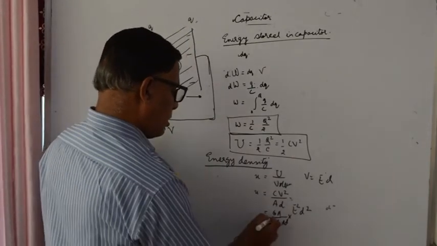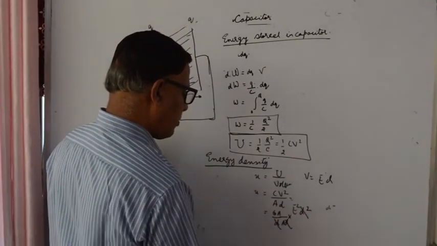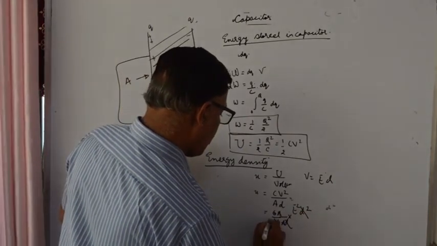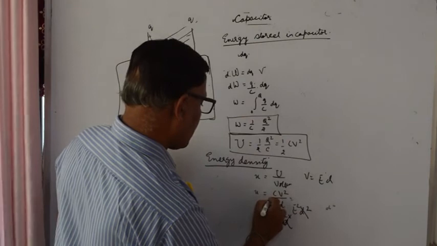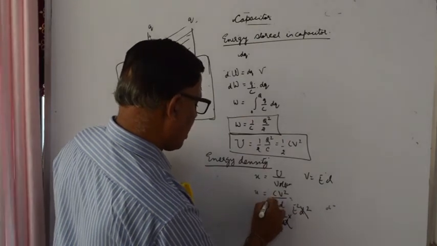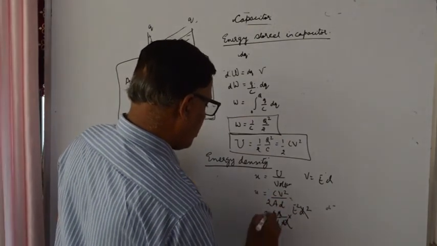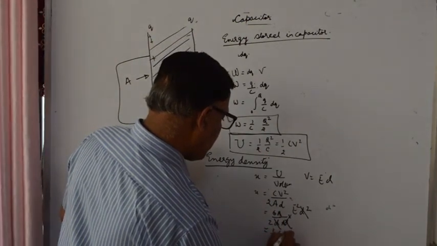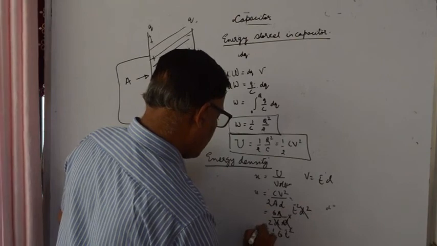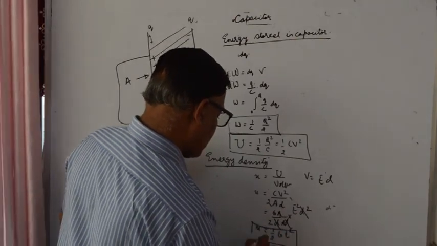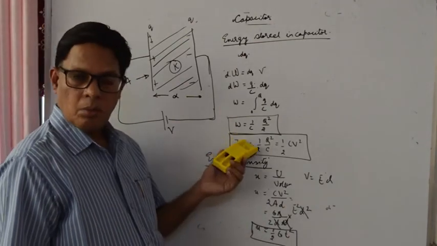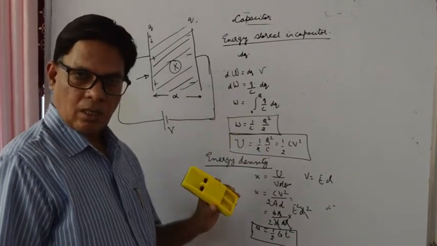Okay, this can be eliminated, and with the half that was there in the energy stored, this is equal to 1 by 2 epsilon 0 E square, or the energy density of the capacitor is this much. You can also find out the force between the plates of the capacitor.